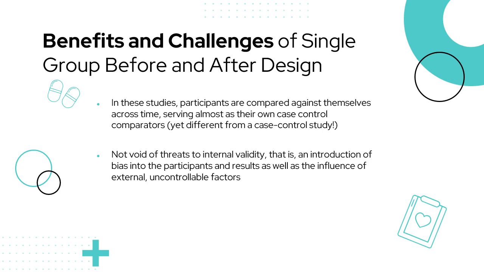Staff might, before their work shift, go watch YouTube videos on hand hygiene or study up on it. This is going to bias my results, right? It's going to look like my intervention either isn't necessary because they've got good hand hygiene knowledge, or it's going to make it look like it didn't work that well, right? These external factors, we can't control for them. We just have to be aware that this is a possibility.